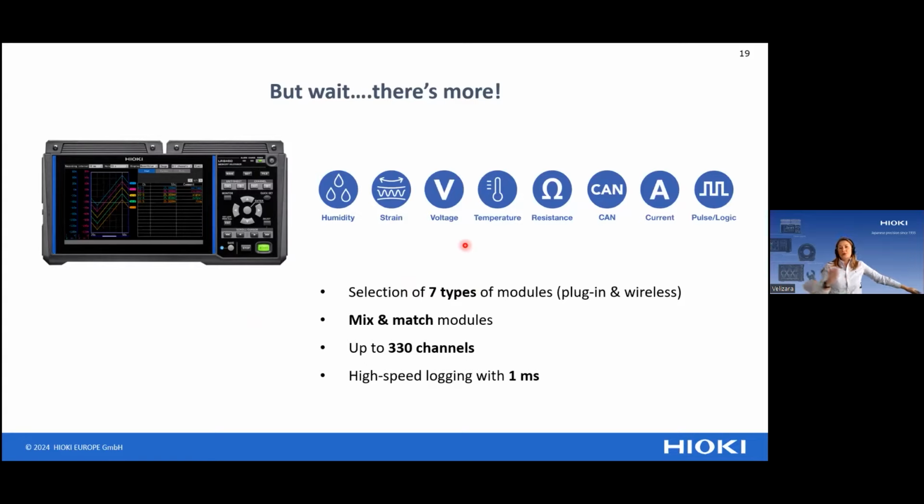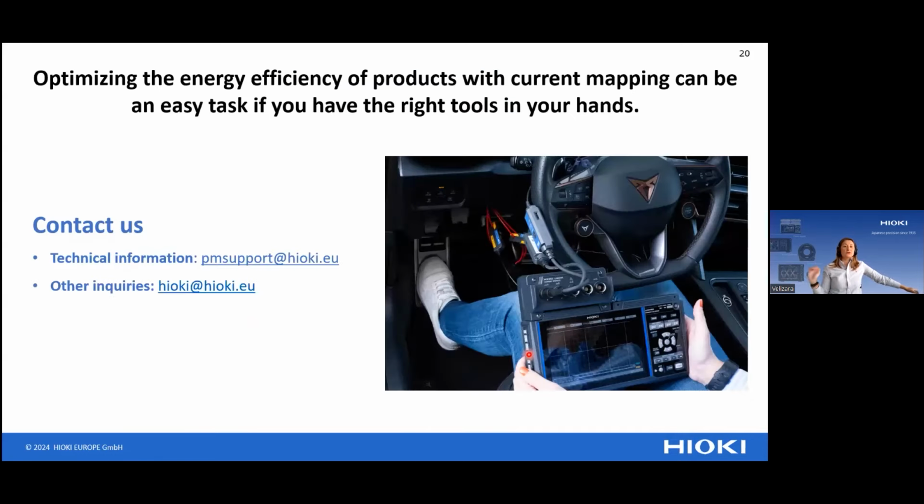You can mix and match the modules in accordance with your test requirements. You're completely free to do so. For example, if you take the 30-channel module, you can have, in that case, up to 330 channels.